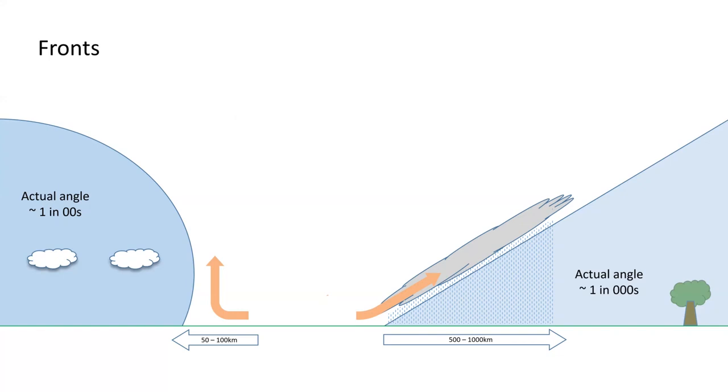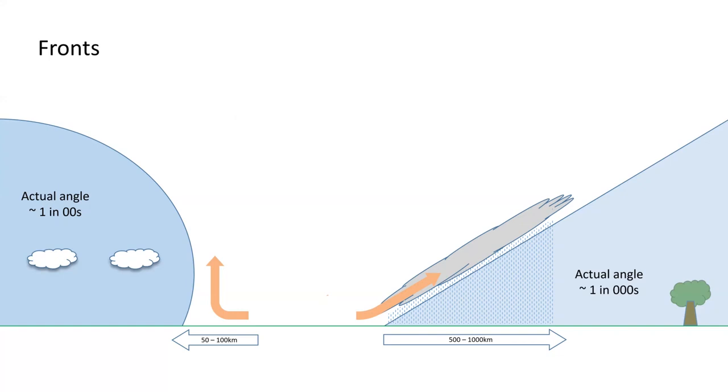So what we're looking at here is that the salmon coloured arrows are starting to give you a variance in the wind from what you'd expect compared to the synoptic charts. The synoptic charts will give you the flow of the wind around the isobars, and that's known as geostrophic flow.